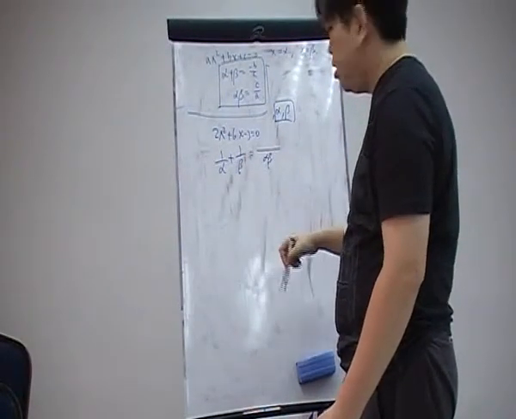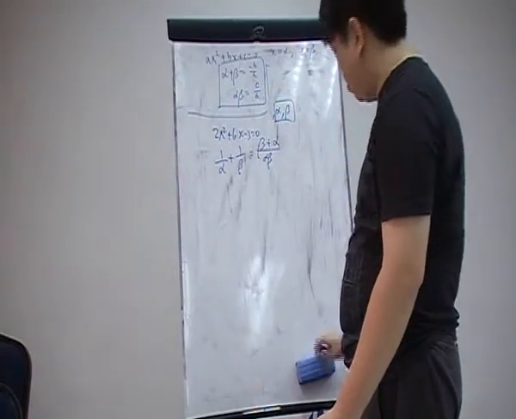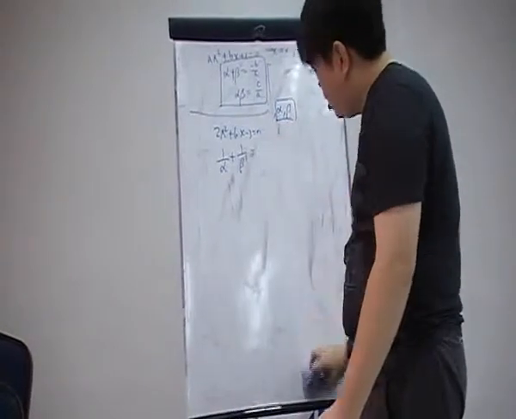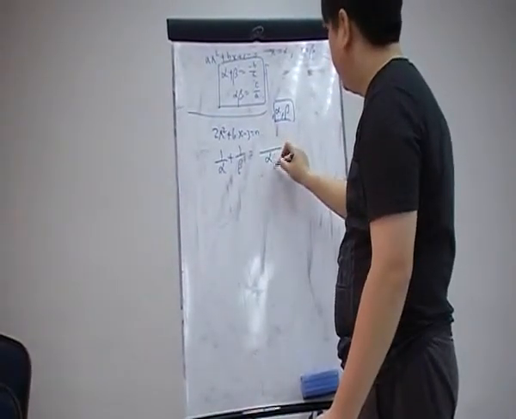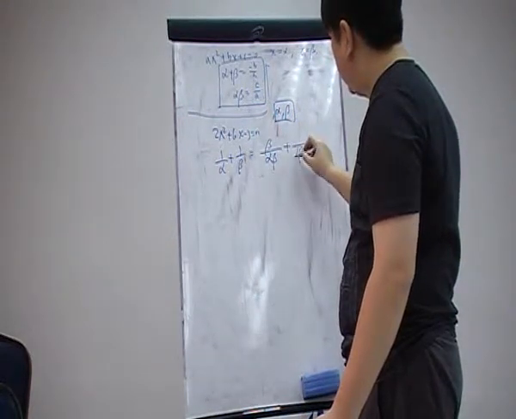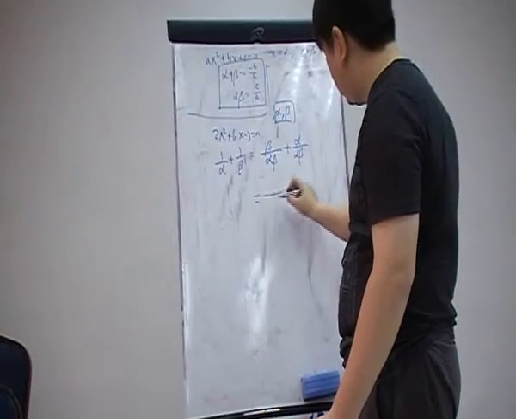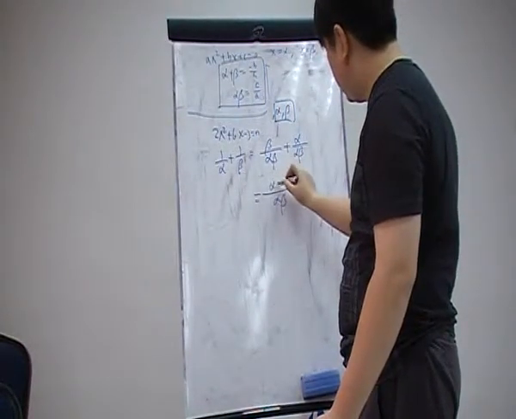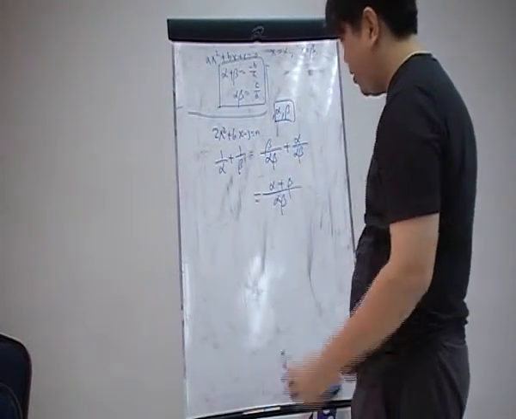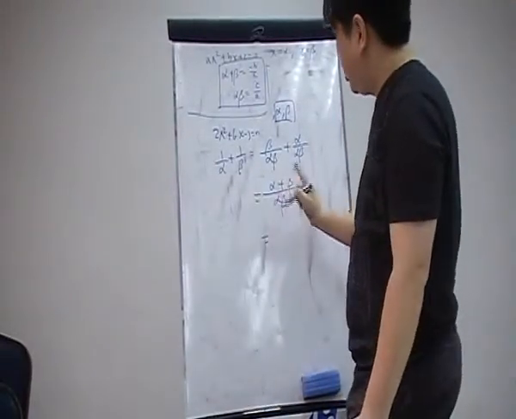Take the common denominator. You have this. So sum of roots is minus b over a.